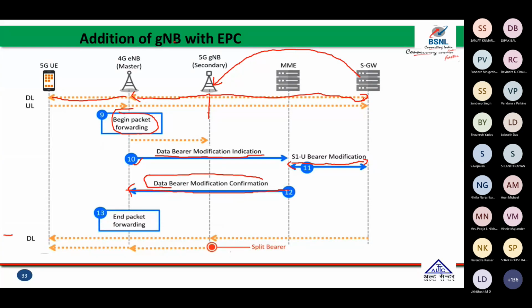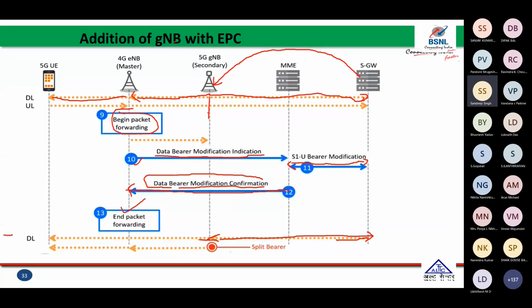That means now it is the end of packet forwarding, and the connection setup is already there. This data bearer modification confirmation carries the different tunnel ID between the gNodeB and the serving gateway, all the information carried in this message. And they created this data path between the serving gateway and the gNodeB.